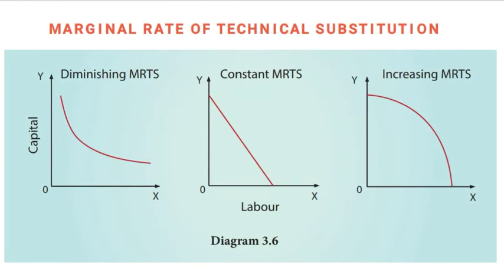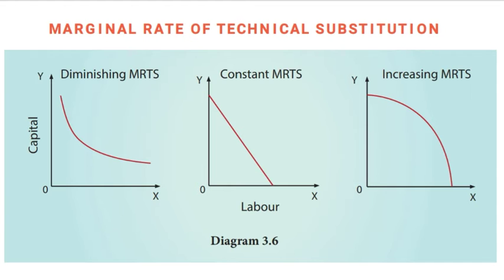Second property of isoquant curve: convex to the origin. This explains the concept of diminishing marginal rate of technical substitution, MRTS, for L and K, or labor and capital. For example, the capital substituted by 1 unit of labor goes on decreasing when moving from the top to the bottom. If so, it is called diminishing MRTS.